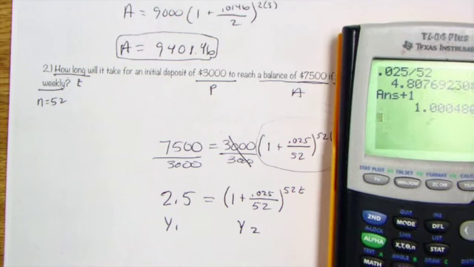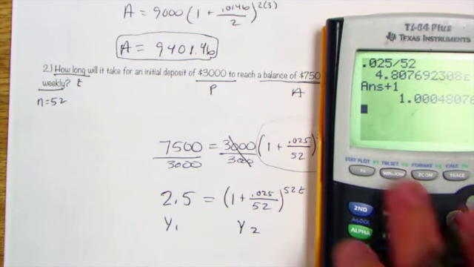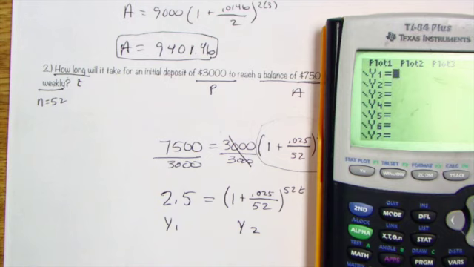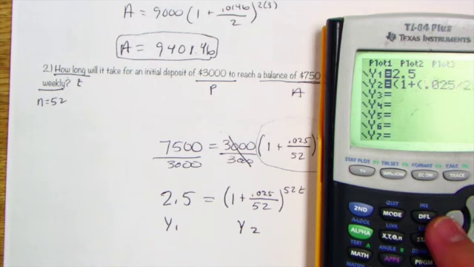So when I go to put this in the graphing calculator, clear, 2.5 will go there. And then the other one, this is where it gets a little tricky, so you get to put this in parentheses. 1 plus, now if you have an older calculator, you're going to have to put another parentheses, 0.025 divided by 52, close those parentheses, then close the original parentheses.